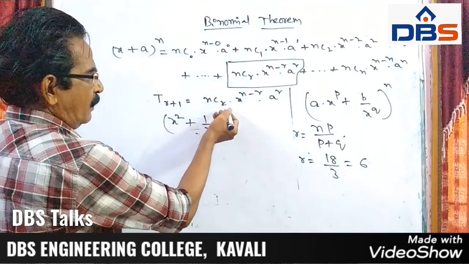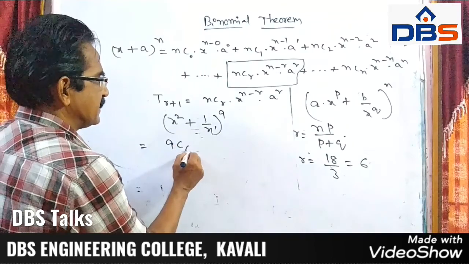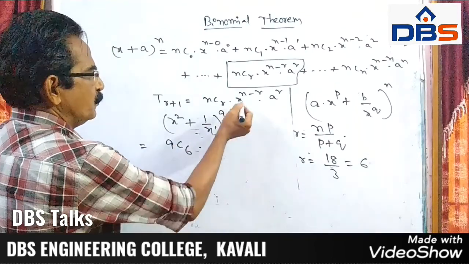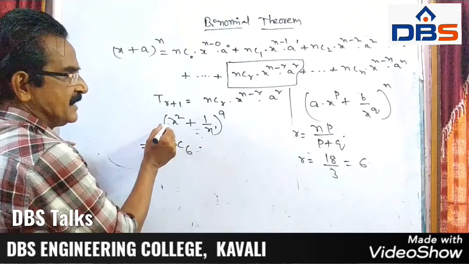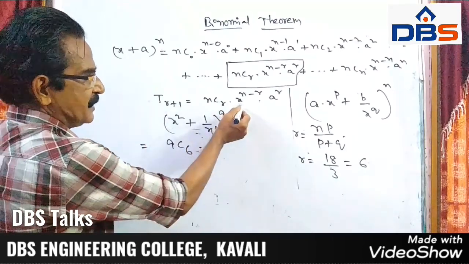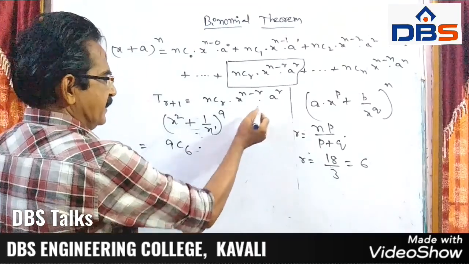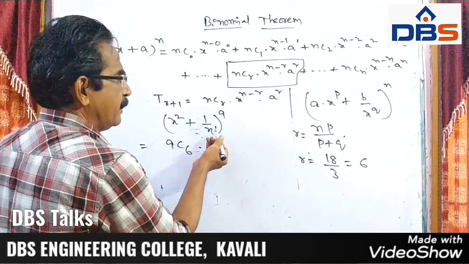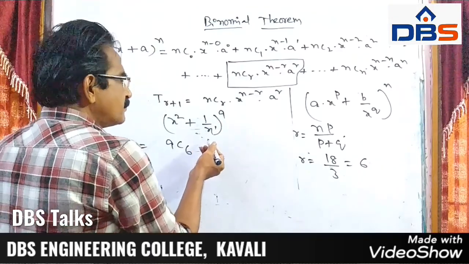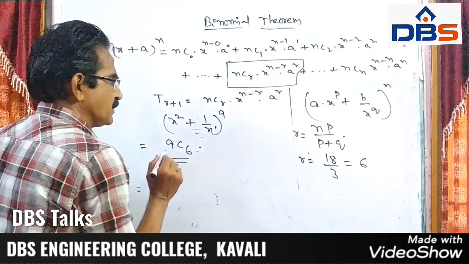Let us put r is equal to 6. 9C6 into, we don't want the x term because there is no coefficient. That is the reason why I am not writing this term. We want the term independent of x, and here a power r, a means 1 by x. Here x is also not necessary, so 9C6 is your answer.